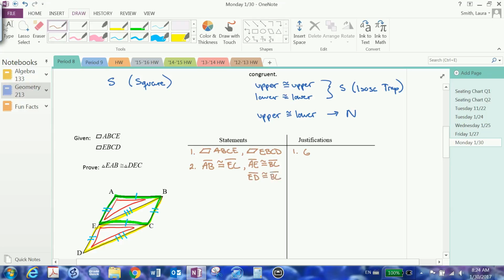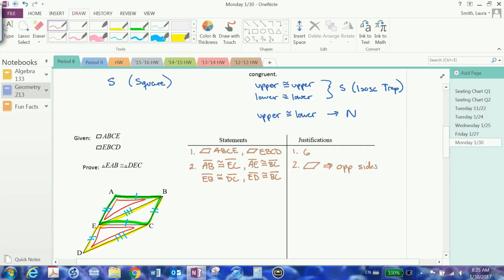Additionally, I get, and I'm going to write this over here so that you can kind of see the transitive, I get ED congruent to BC. So now you can see the transitive link. And I also am going to write the third pair, which is EB to DC.